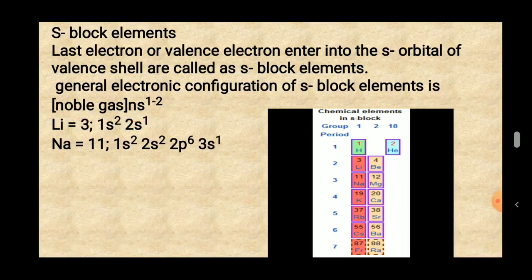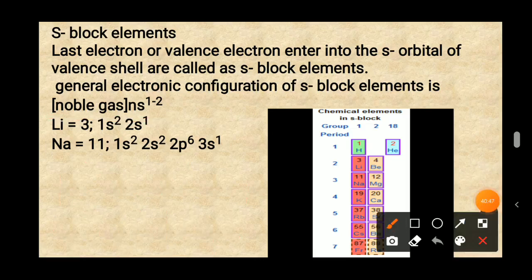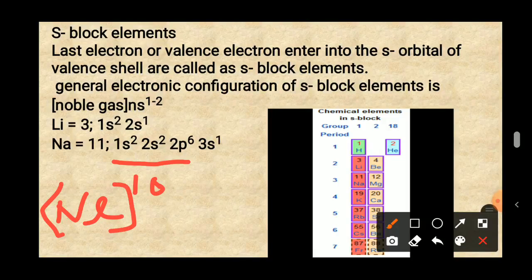The same thing you can write for sodium: 1s2, 2s2, 2p6. How many electrons is that? That is 10, which is nothing but the atomic number of neon, a noble gas. So noble gas 3s1, or generally I can write noble gas ns1.